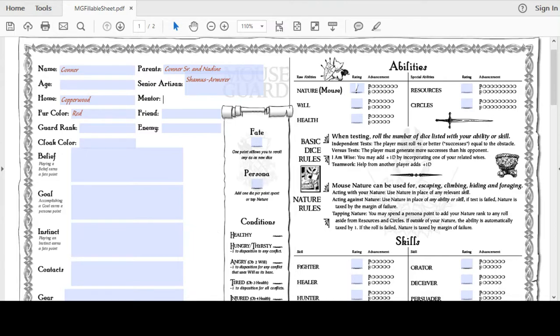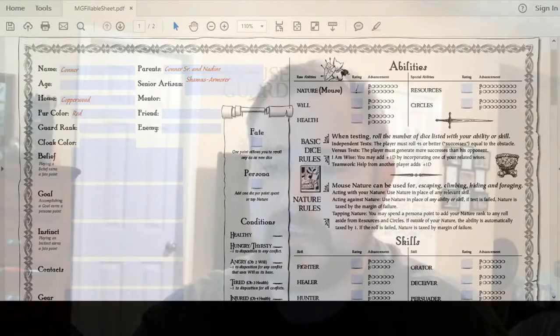What was his or her specialty that he is going to really push and stress in your mouse's training? And there's a selection of nine here. Okay, fighter, healer, hunter, instructor, pathfinder, scout, survivalist, and weather watcher.